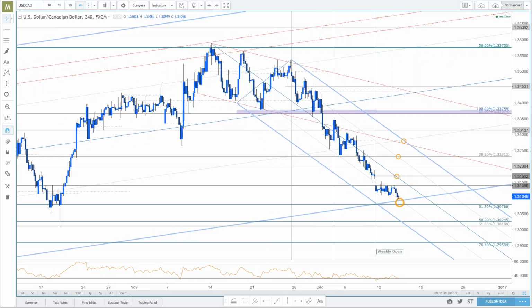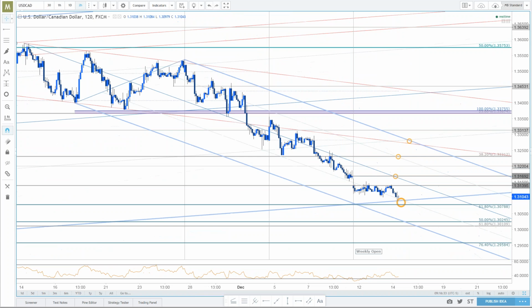If we break sub 130.80, I'm looking more at 130.10, and then 129.58. But this is a big region of support. You're seeing divergence on the intraday charts. This is the 4-hour. Here's the 2-hour, more divergence. Here's the 1-hour.